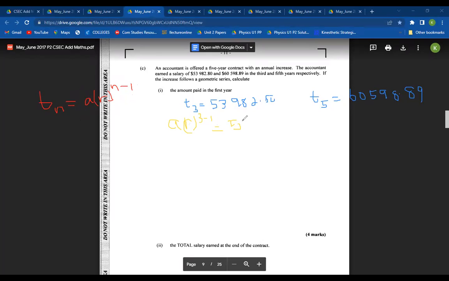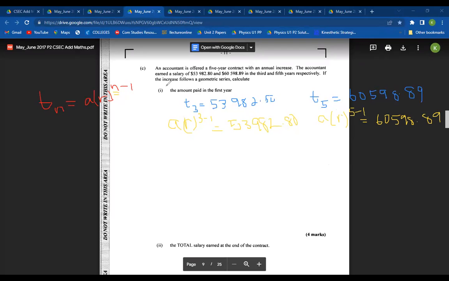So I'm just looking it up. 53982.80. For my T5, I would replace the n with 5, right? So it's A R to the 5 minus 1, and this whole number, 60598.89.